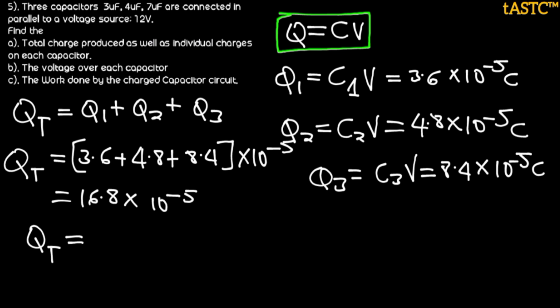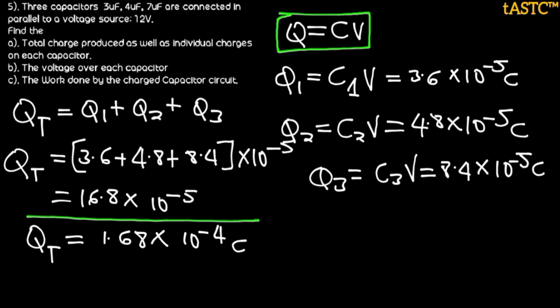So this is going to be 1.68 multiplied by 10 to the negative 4 coulomb. This is going to be the total charge.